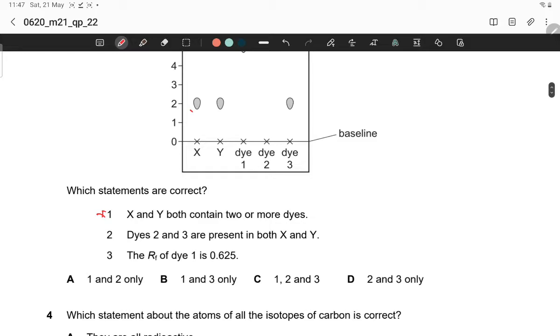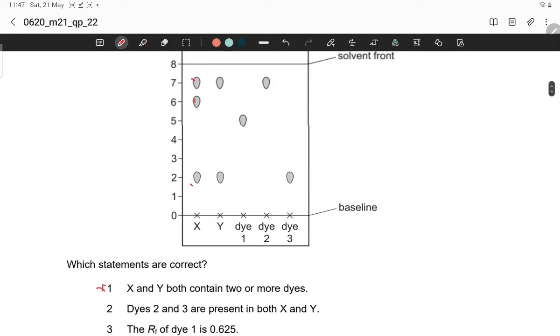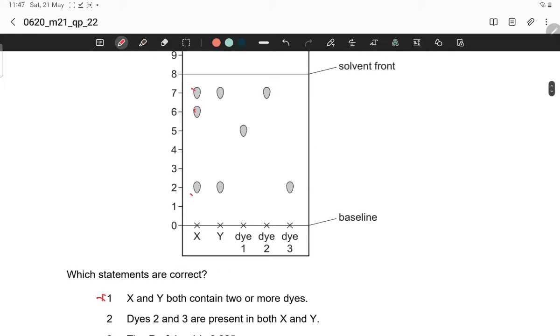Dyes 2 and 3 are present in both X and Y. This is dye 2, this is not present in X and Y. And this is dye 3.